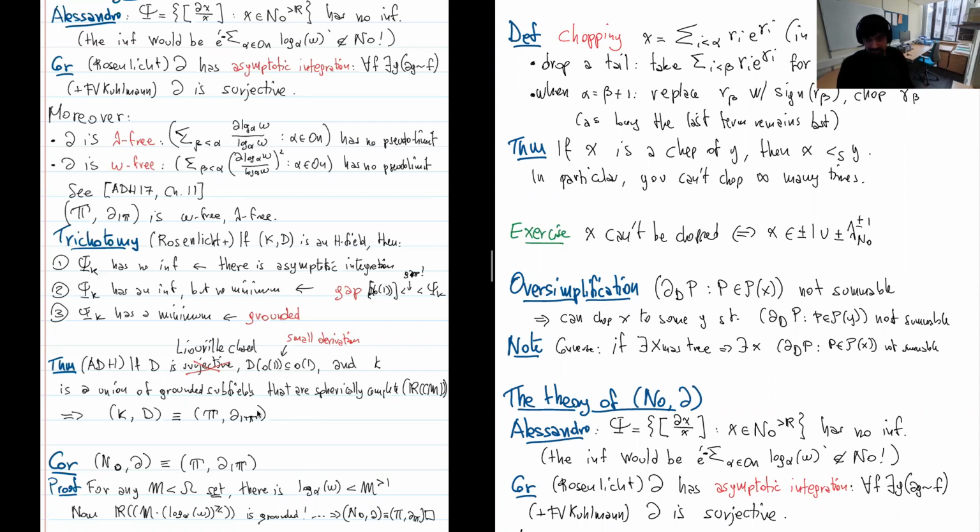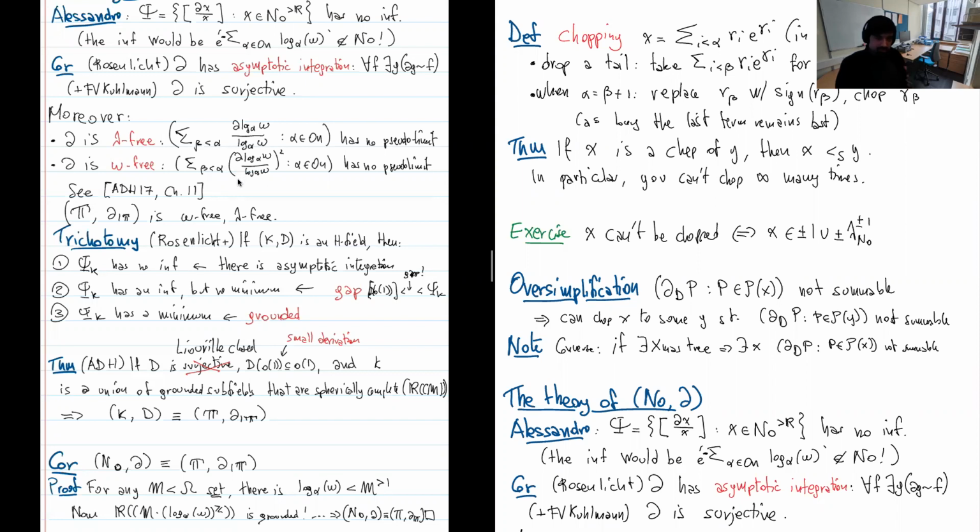Okay. And as Elliot was pointing out in the chat as well, the theorem here, how does it work? I can't say too much about this because of time and because it's not my place to do it. This implies that the differential field is omega-free and Newtonian. Omega-free is this condition up here.